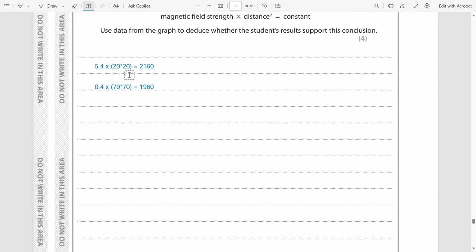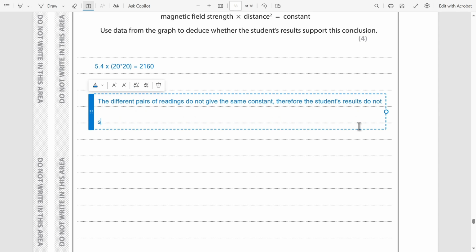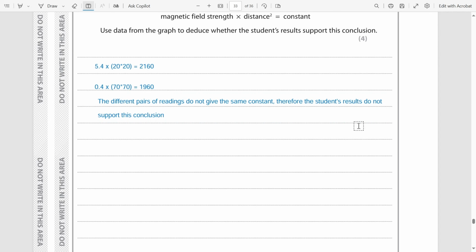But I'm going to be mean, guys, and I'm going to say that the constants, different pairs of readings do not give the same constant. Therefore, the students' results do not support this conclusion. And there you have it.